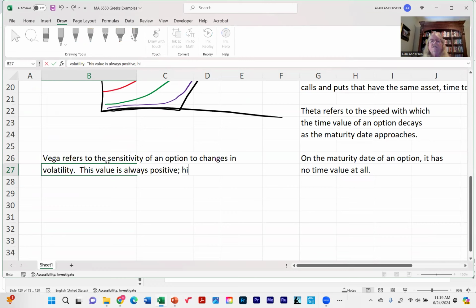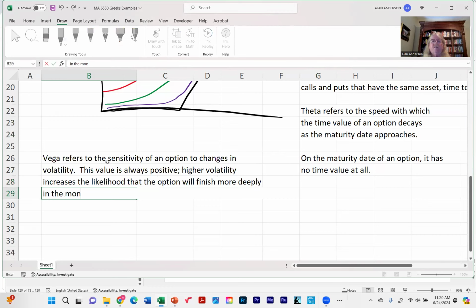Higher volatility increases the likelihood the option finishes more deeply in the money or out of the money. Now, you might think, well, then don't those two effects offset each other?